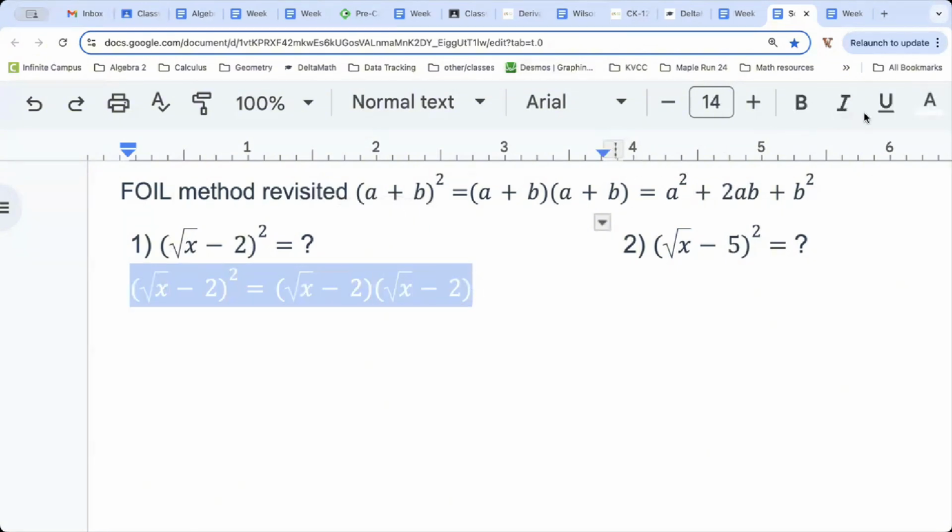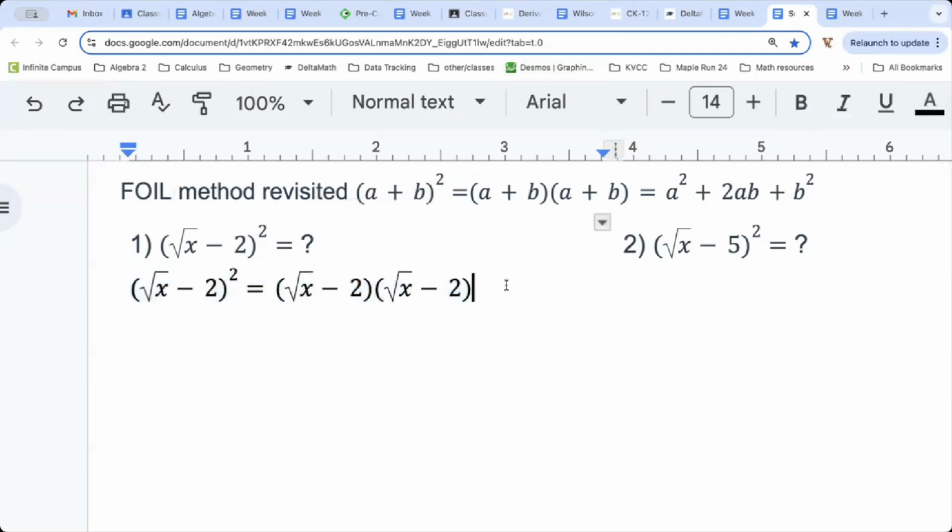As you realize, something squared is just a base times base. So literally you're doing square root x minus 2 times square root x minus 2.